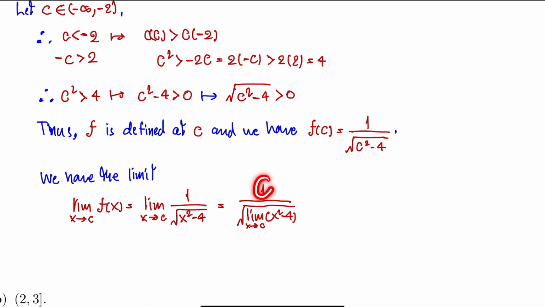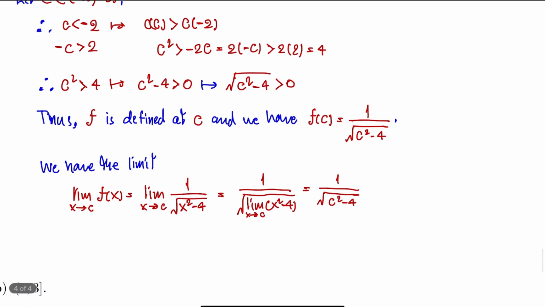The limit of 1 is just 1, and the limit of x squared minus 4 as x approaches c becomes c squared minus 4. That's it. So we have shown that the limit as x approaches c of f of x becomes f of c.